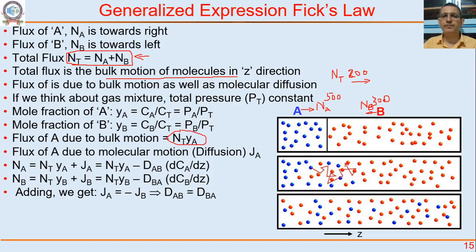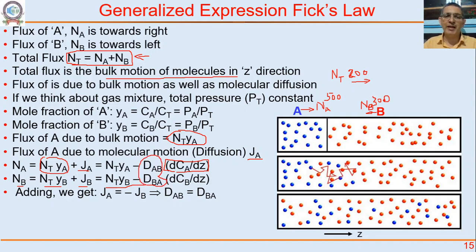Think about this. So the net flux of A is that due to bulk motion, NT multiplied by YA, plus JA, the flux due to purely molecular motion. So it is NA = NT multiplied by YA minus DAB into dCA by dZ. Same way, NB is NT multiplied by YB plus JB, which is NT multiplied by YB minus DBA into dCB by dZ. Look at these two, they are different.